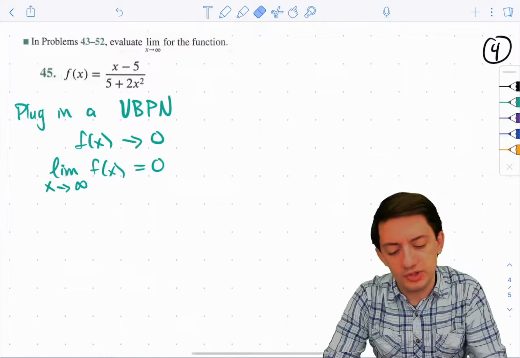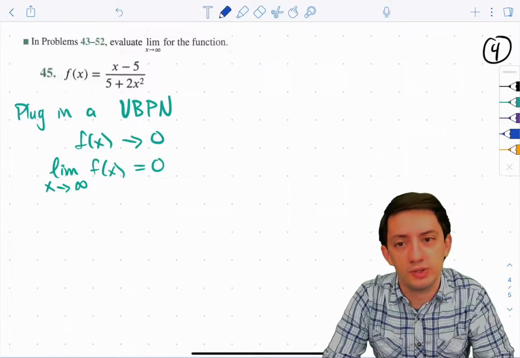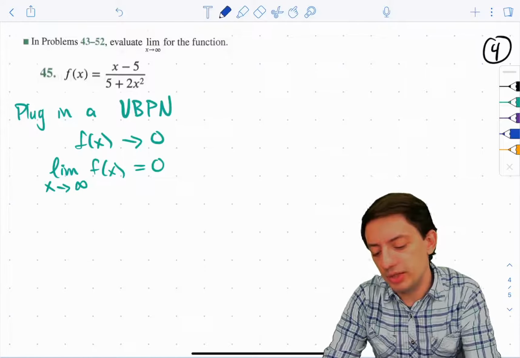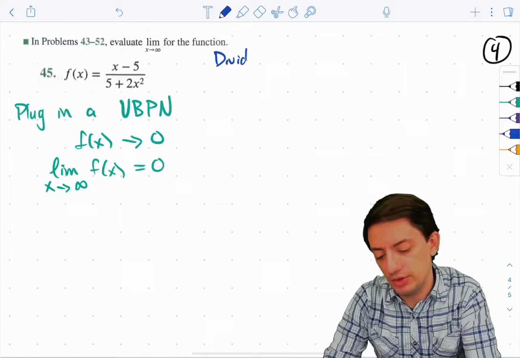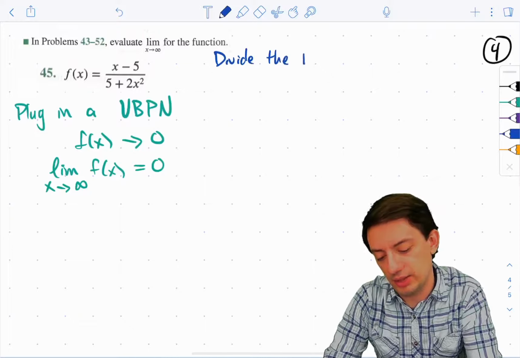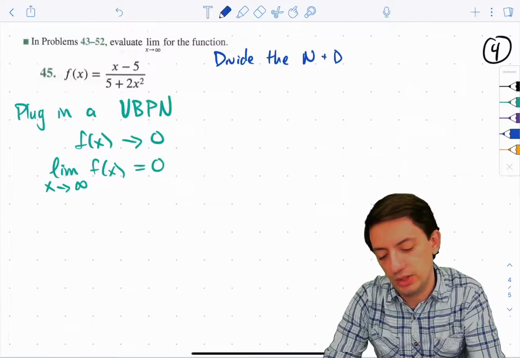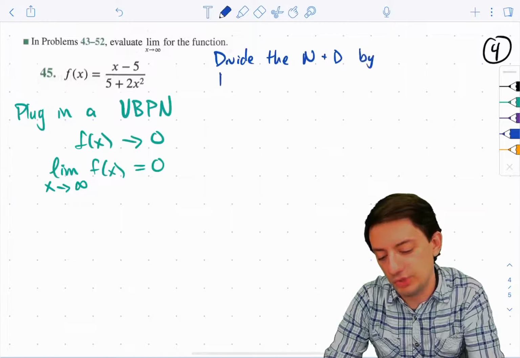Now, one other way that you'll see the book do it, so I want to show it this way as well. The book likes to divide the numerator and denominator by the largest power of x. I'll show you what I mean.